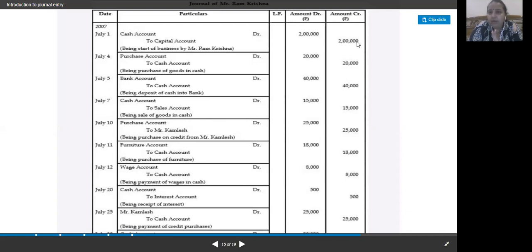You will be writing on the credit side, that is 2 lakh. These two amounts are the same. Now I'm just explaining this. Now it is time to understand how we can differentiate it, how we can write it. Just see.